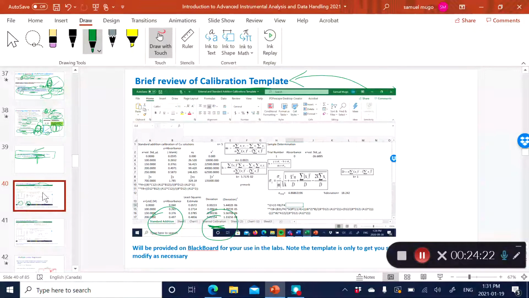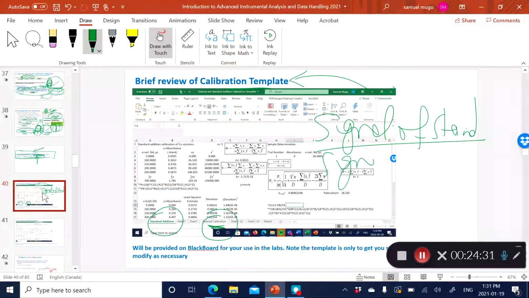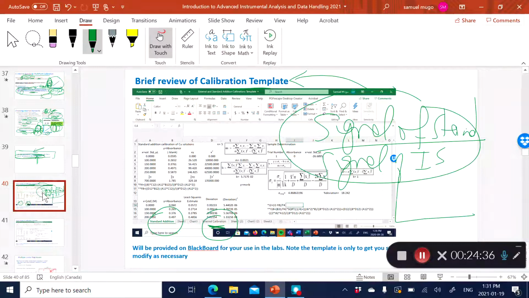The only difference is you just need to take the signal of the standard, divided by the signal of your internal standard, and that is what you plot on the y-axis, and the x-axis remains exactly the same. So you'll have to take the template and modify it for the external calibration, and create another sheet for determining the internal standard calibration, because it's exactly the same. The only difference is that.